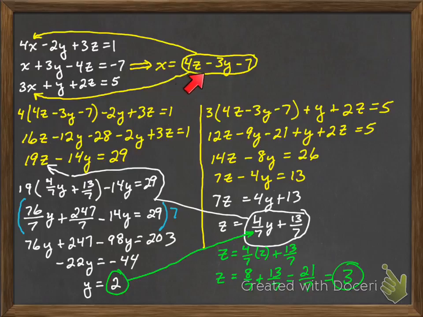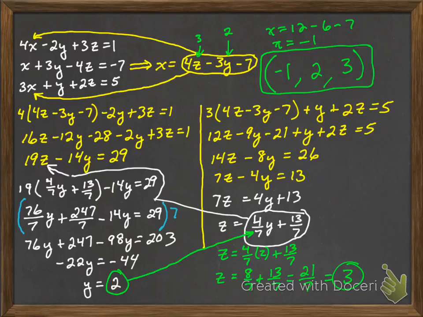We know our z value and we know our y value, so we're going to substitute those values in right here. For the z, we're going to put in 3. For the y, we're going to put in 2. That will give us x equals 4 times 3 is 12, 3 times 2 is 6, and then minus 7. Therefore, x is equal to negative 1. And our solution will be the x value, negative 1, then the y value, 2, and finally the z value, which is 3. And that is our solution here.